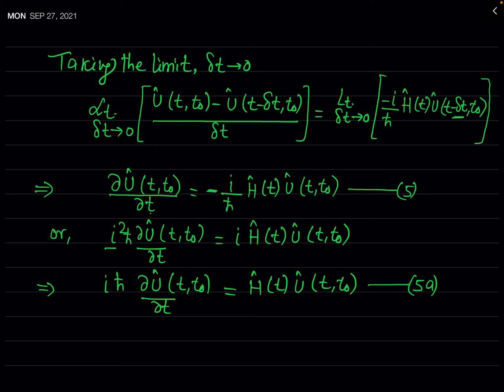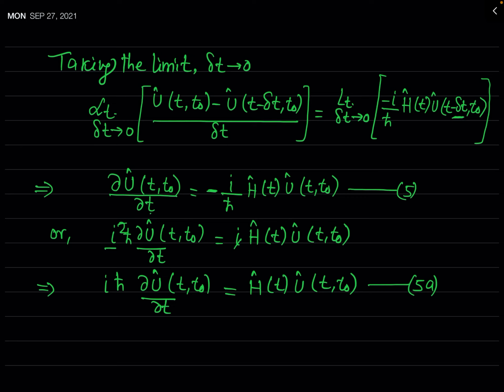So this is i squared h bar del U by del t equal to i H hat U. Now one of the i's, this i and this i squared, will cancel out, and so this result is i h bar del U by del t equals H hat times U hat. You can see, let us say this is equation 5a.